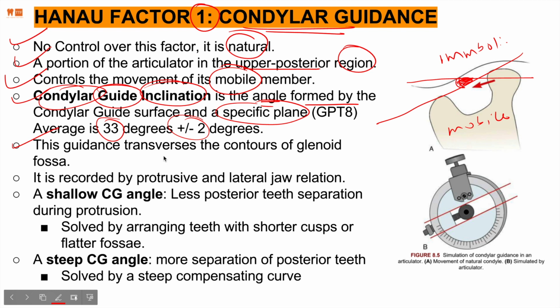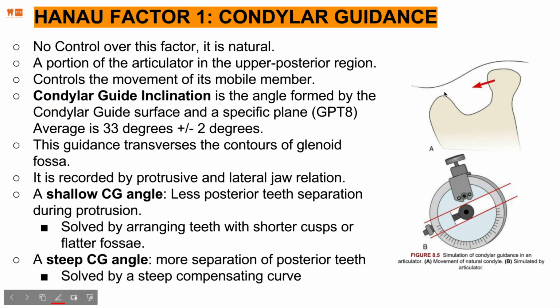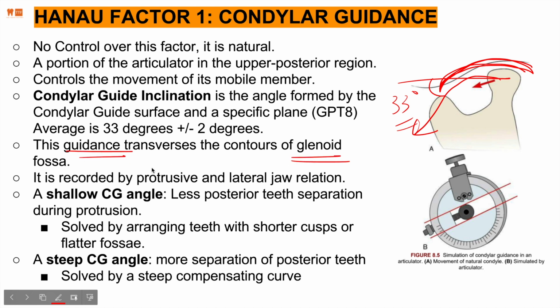This guidance transverses the contours of glenoid fossa. So, in other words, the 33 degrees actually come from this. This is 33 degrees, allowing the condyle to flow down and forward at an angle of 33 degrees. It transverses the glenoid fossa. It is recorded by protrusive and lateral jaw relation.